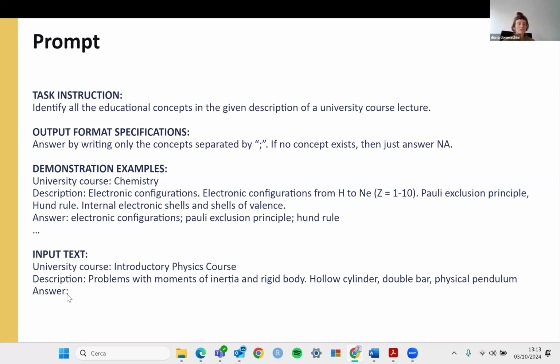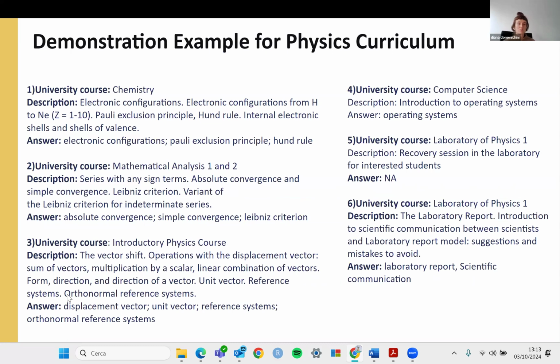And we can see that this is an example of the demonstration examples used for the physics curriculum courses. These are 6 demonstration examples, selected manually, and they serve the purpose of covering a broad range of possible inputs and answers.